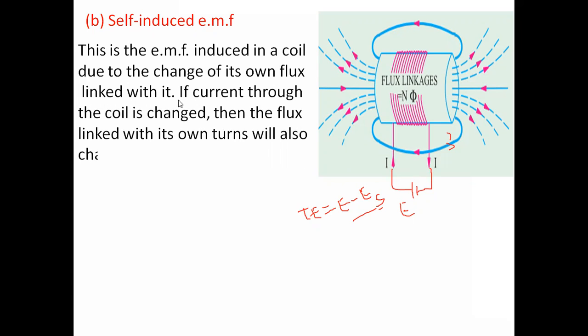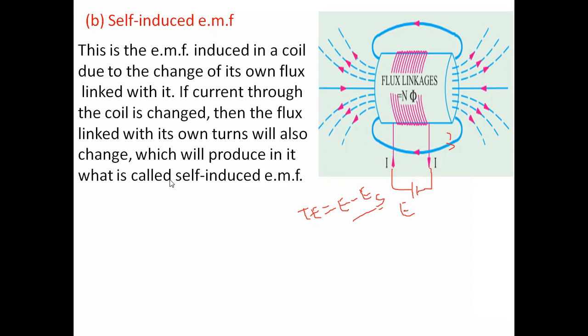Own flux linked with it: if current through the coil is changed, then the flux linked with its own turns will also change, which will produce in it what is called self-induced EMF.